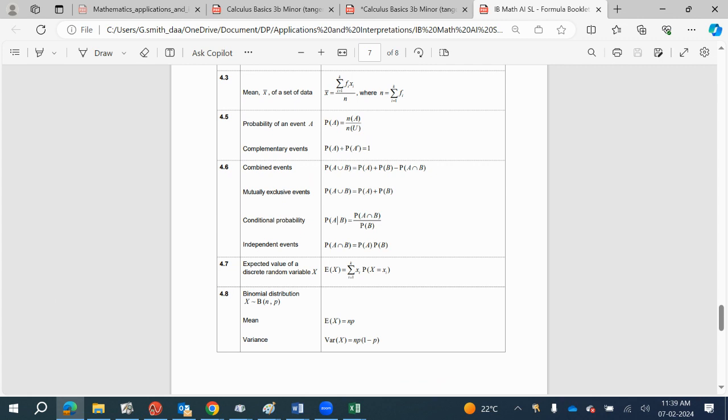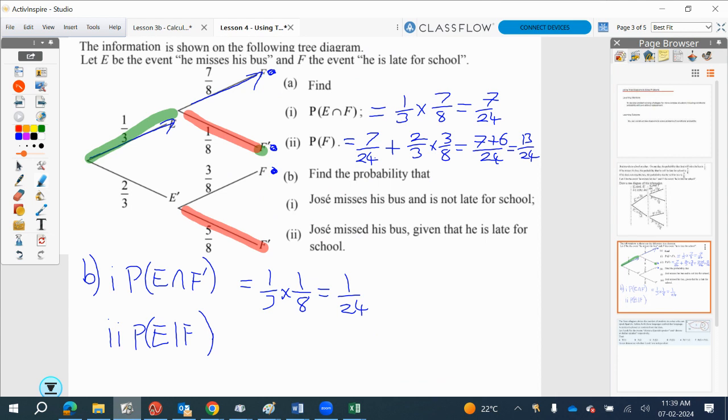The probability of B. So coming back to our question, this is going to be the probability of E intersection F over the probability of F. Now, what is the probability of F?